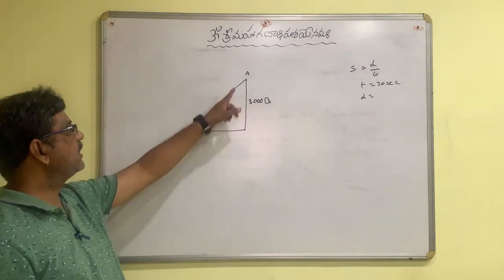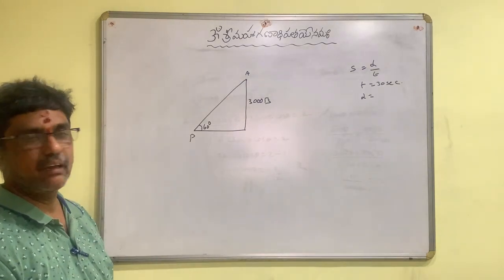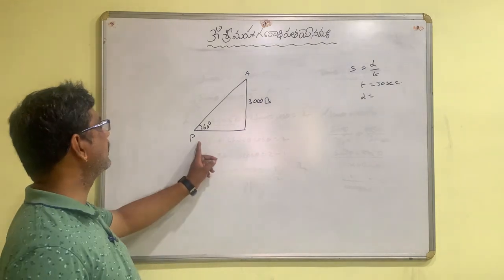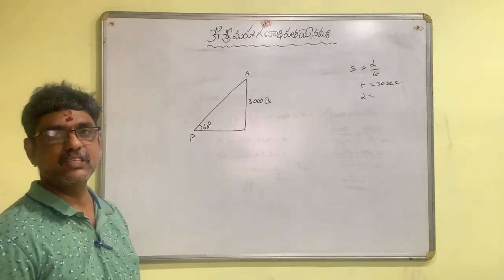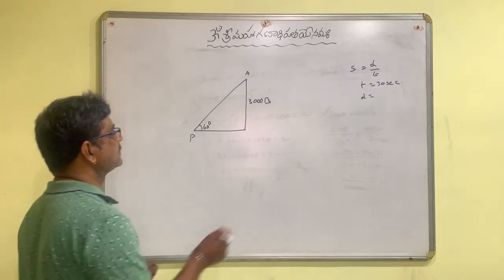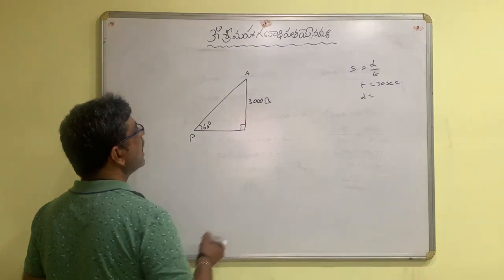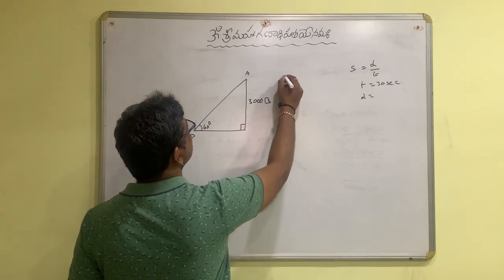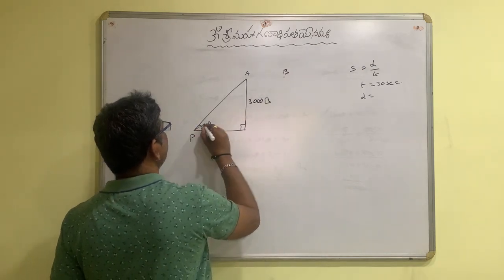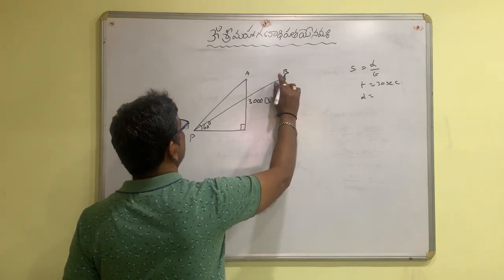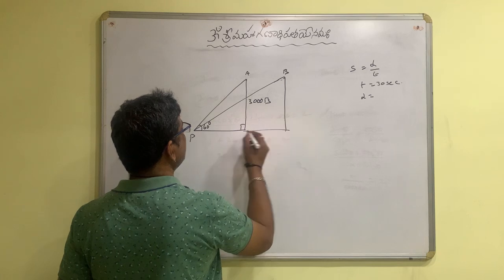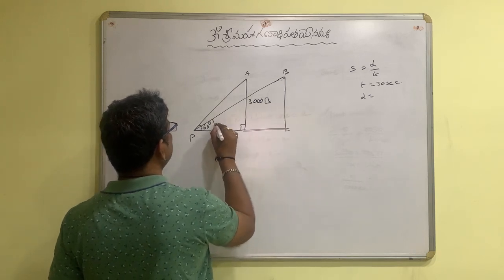Initially the aeroplane is at A, and from a point P on the ground, the angle of elevation of the aeroplane, which is flying at a height of 3000√3 meters, is 60 degrees. Now, after 30 seconds, the aeroplane reaches point B, and from P, the elevation changes to 30 degrees.